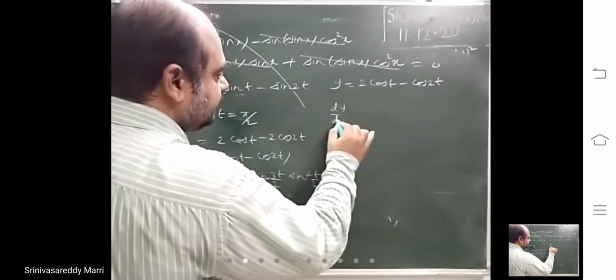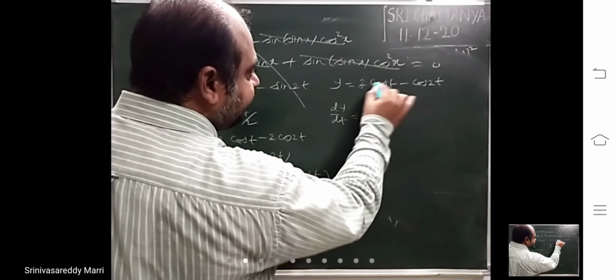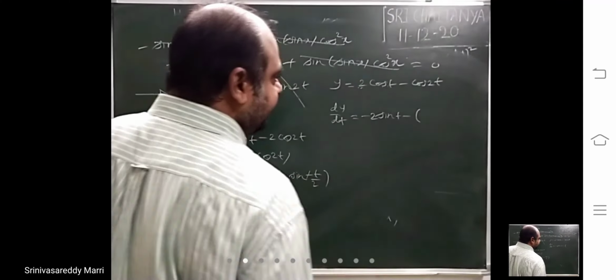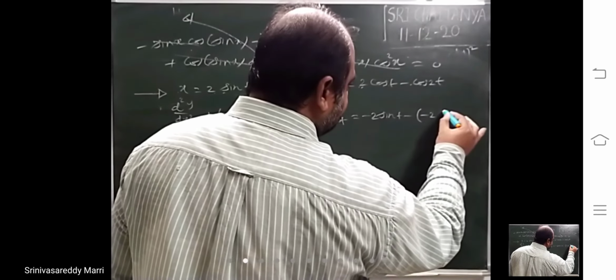Similarly, let us calculate dy by dt. That means 2 into the derivative of this: minus 2 sin t, minus the derivative of cos t, minus sin t into 2.